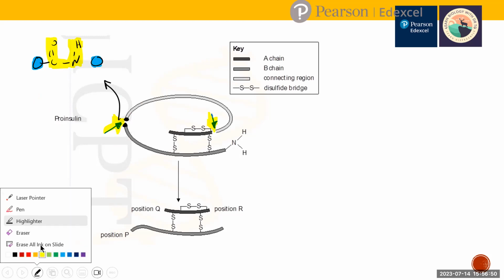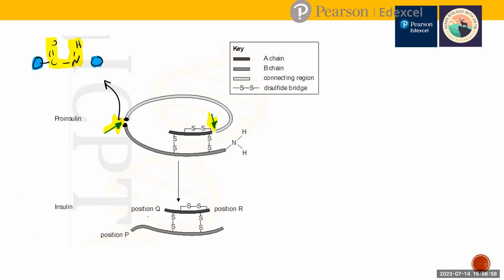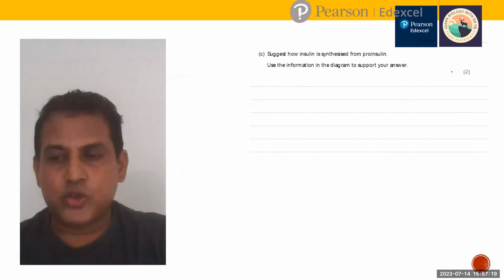So then we can precisely write the answer by identifying the exact place. For example, this is position Q, and this one is position R. Then you need to get 2 marks.